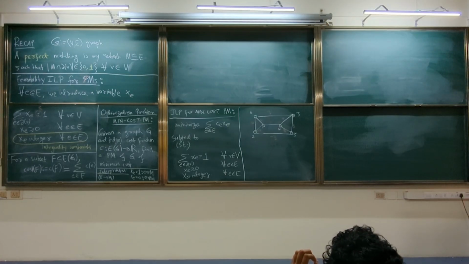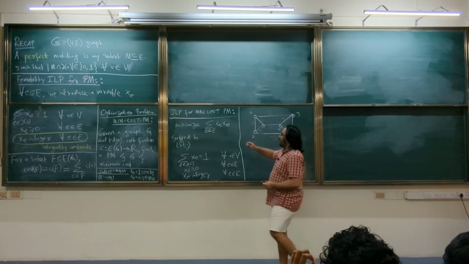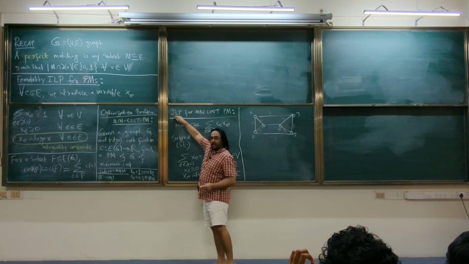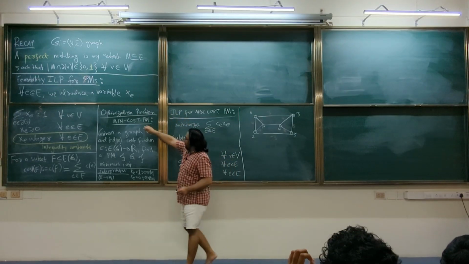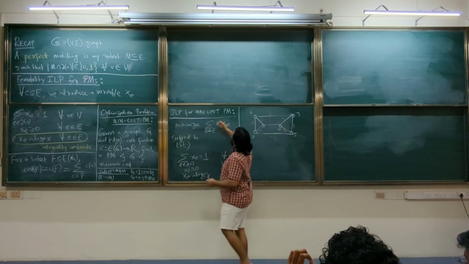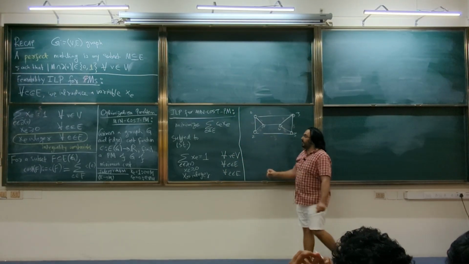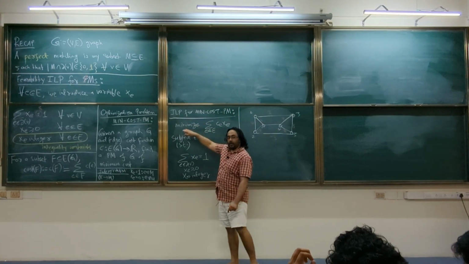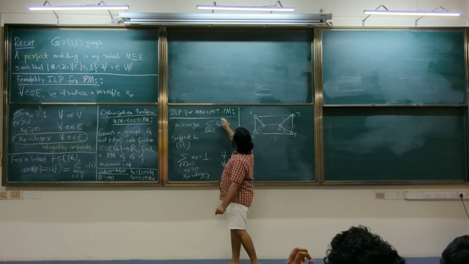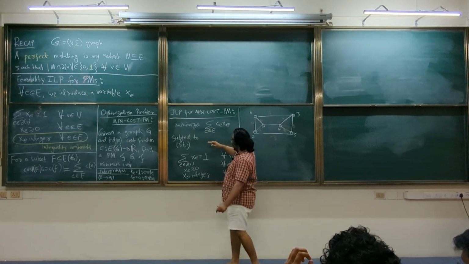If you have these cost functions, what you can write down now is an integer linear program for the min cost perfect matching problem. So if that's my optimization problem, here's my integer linear program. I'm trying to minimize this function subject to these constraints.